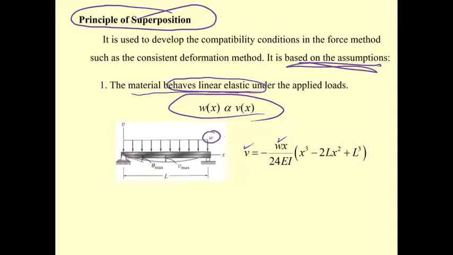That means if you have this one for 10 kilonewton per meter and this one is 10 millimeter, and you increase this one to 15 kilonewton per meter, this one is going up to 15 millimeter. You may check on this. It's a linear relationship.